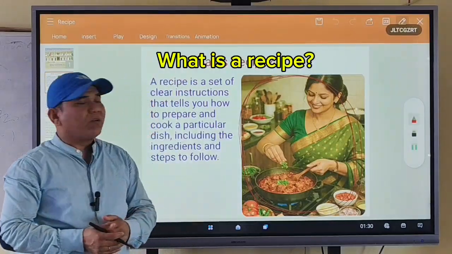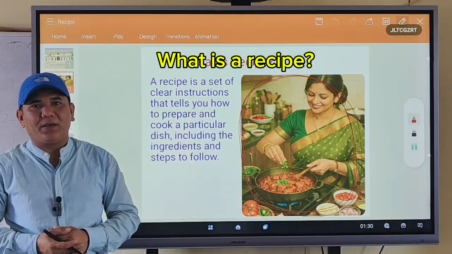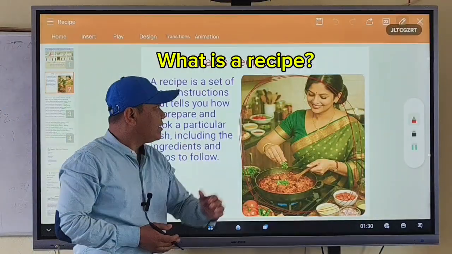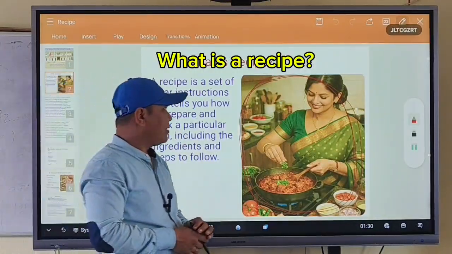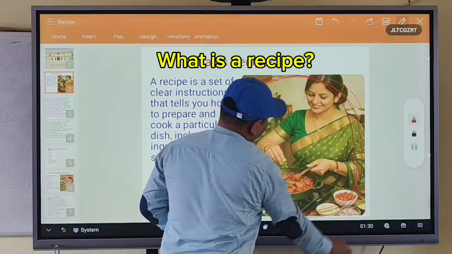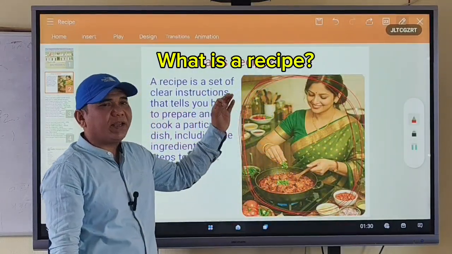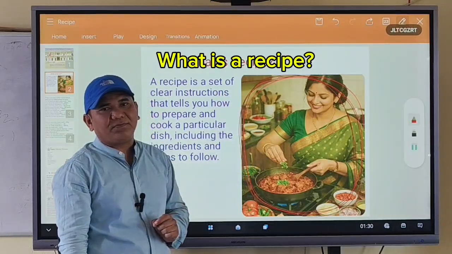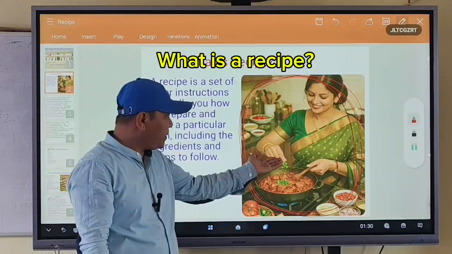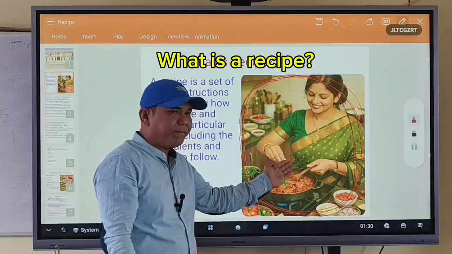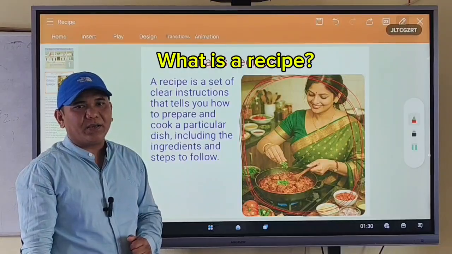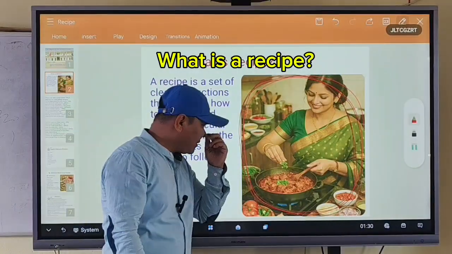What is recipe? Okay? The question is, what is recipe? Look at this picture. This picture clarifies itself. She is cooking dishes. She is cooking meat curry.